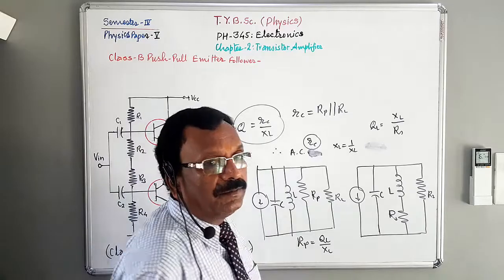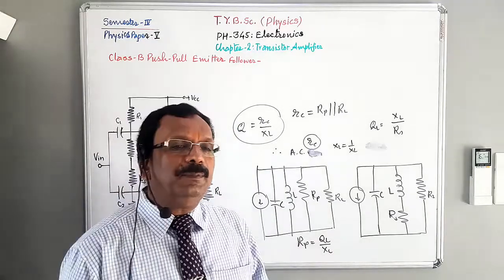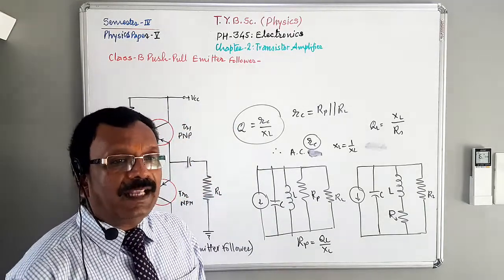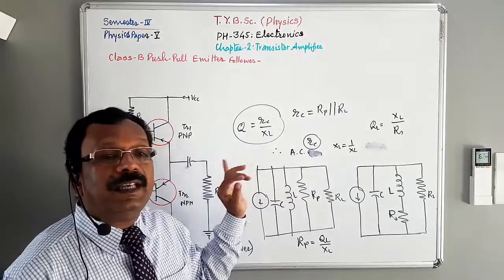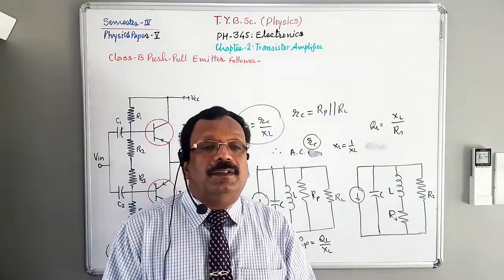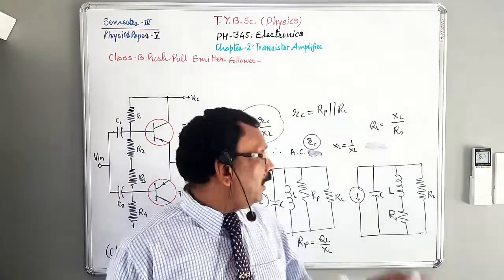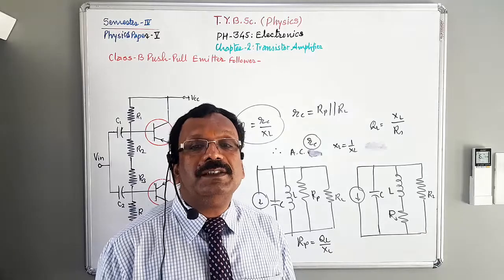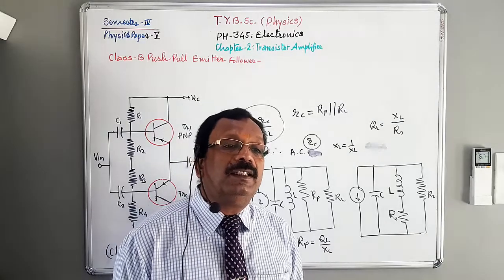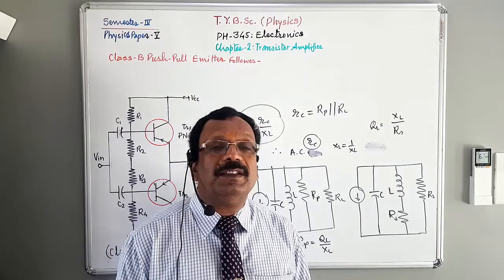This is the quality factor of the overall circuit. In a practical class C amplifier, the quality factor of the coil is 50 or more, since the overall quality factor is 10 or more, and the operation is narrow band.